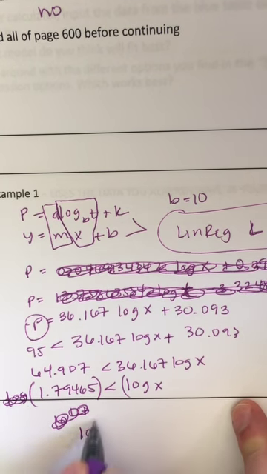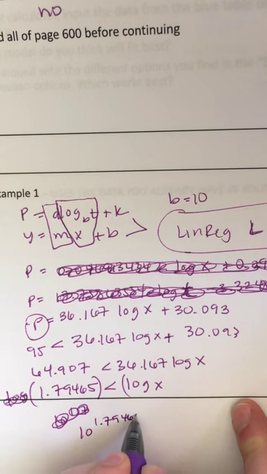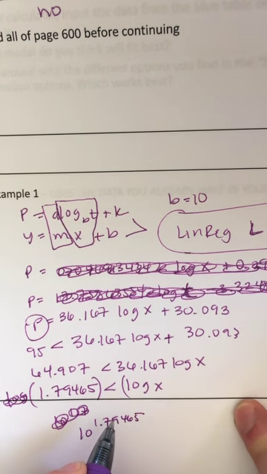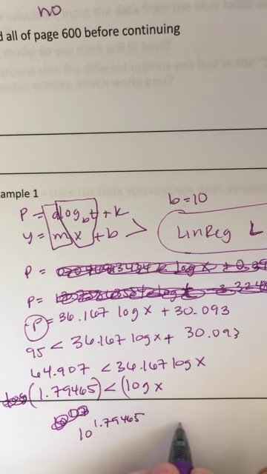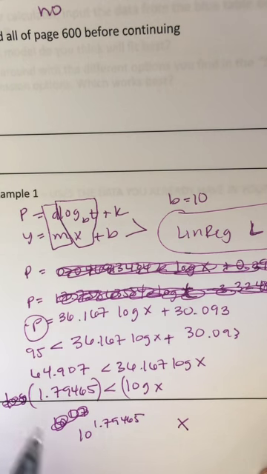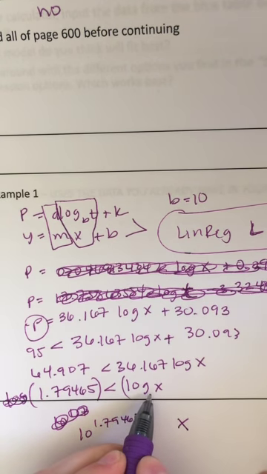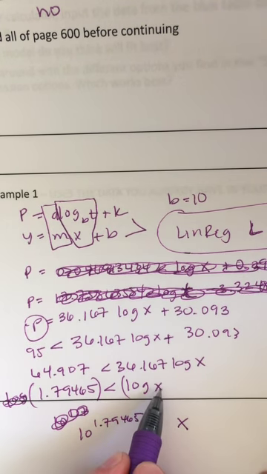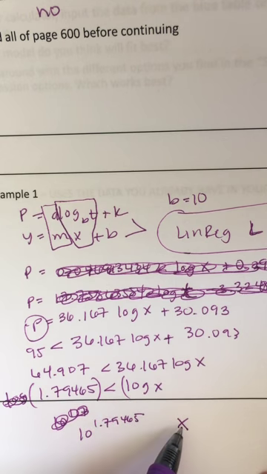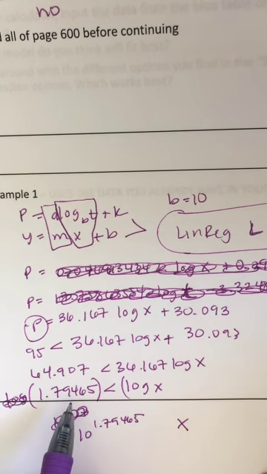Okay, so if I write 10 to the 1.79465 is going to be something to the x log. So if we think about this, the log of the value of x has to be greater than that.